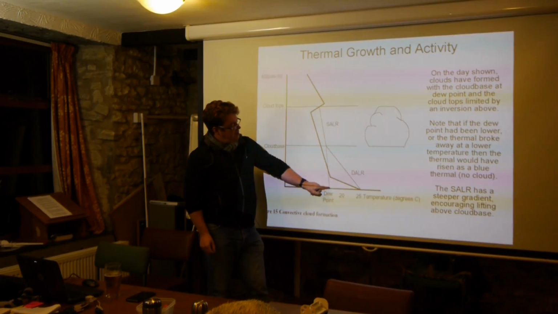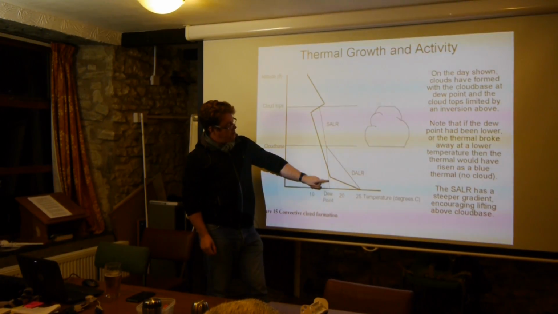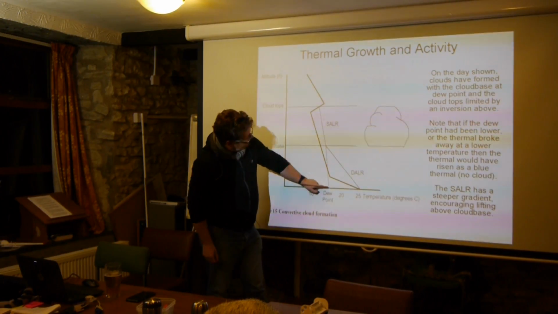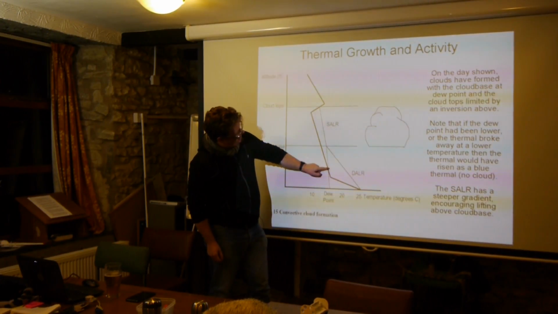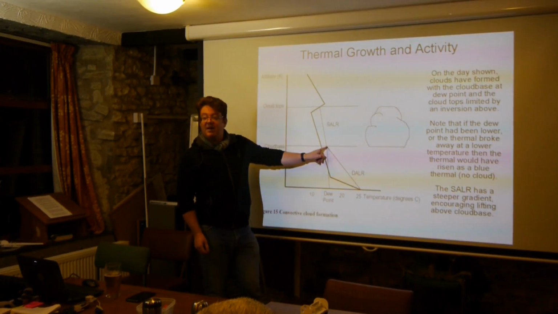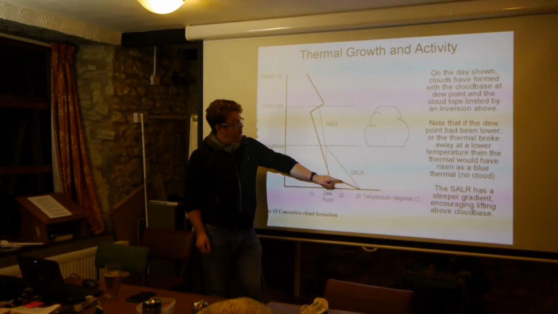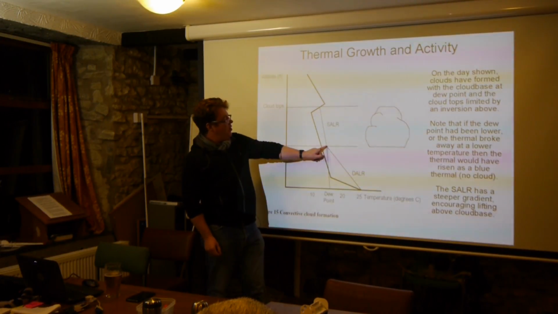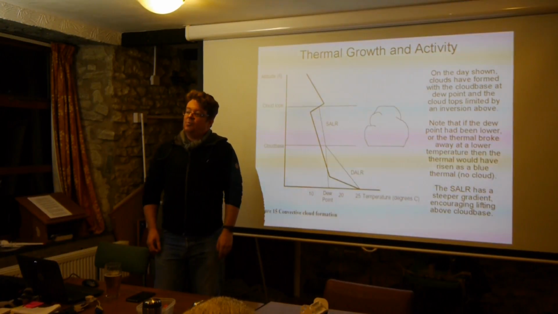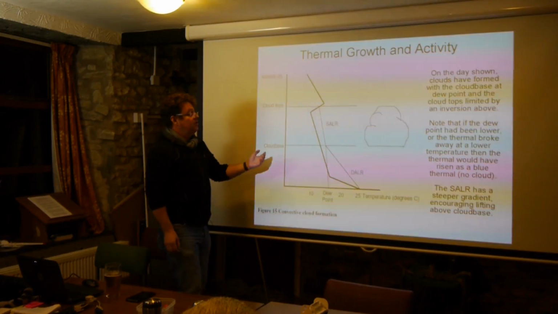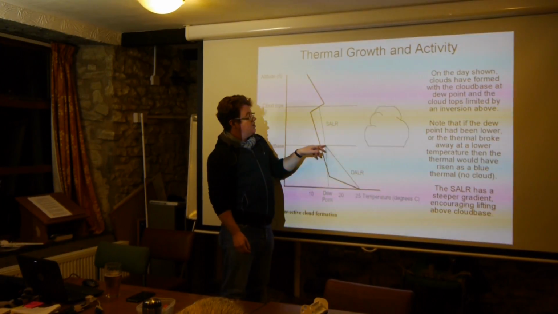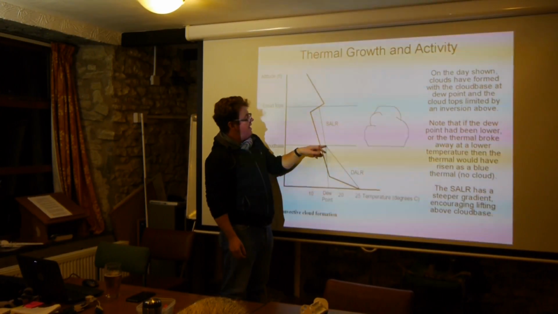And if you plot that dew point upwards at the dew point lapse rate that we talked about earlier, then eventually it will meet the dry adiabat line that your thermal is travelling up on. Where those two meet is where you start to get condensation: you've reached the dew point, 100% relative humidity, and condensation starts coming out of the water vapour in the air.